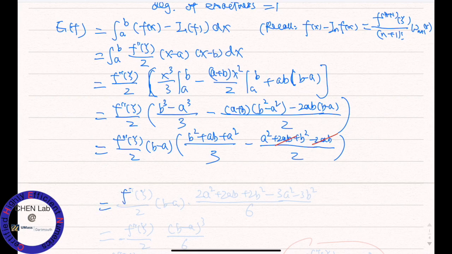So it's f double prime at c divided by 2, times (b minus a), and you have 6 as the common denominator, and you're going to get 2a squared plus 2ab plus 2b squared minus 3 times (a squared plus b squared).